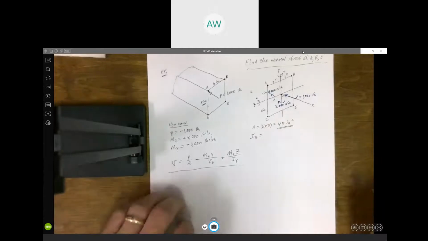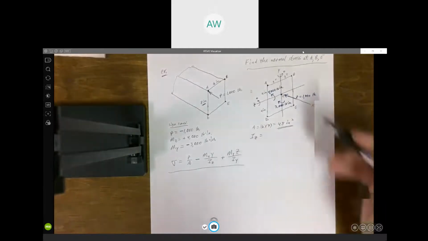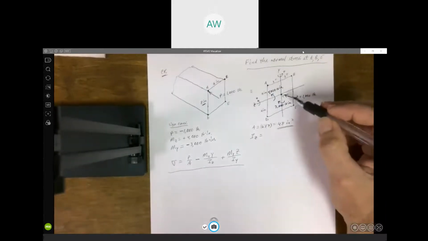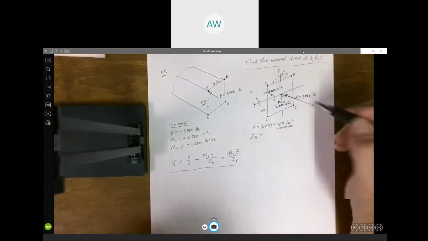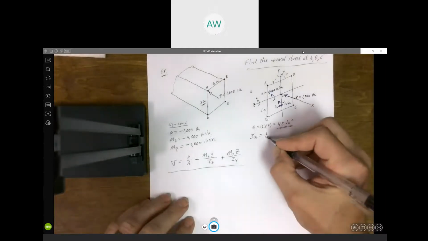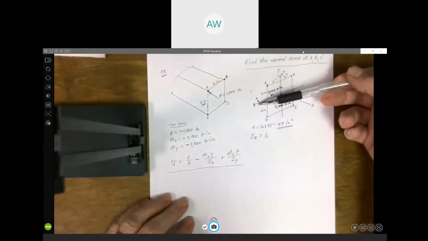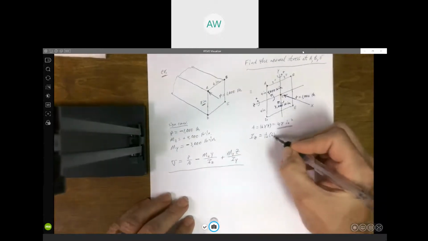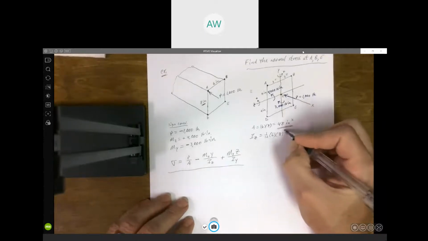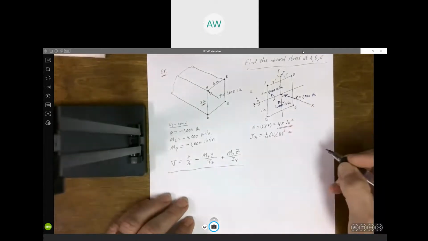Iz, remember, for a rectangle, the z-axis goes through the centroid, so it's 1/12 base times height cubed. So this would be 1/12. With respect to the z-axis, the base is 6, and the height is 8. I calculated that somewhere. Let's see.